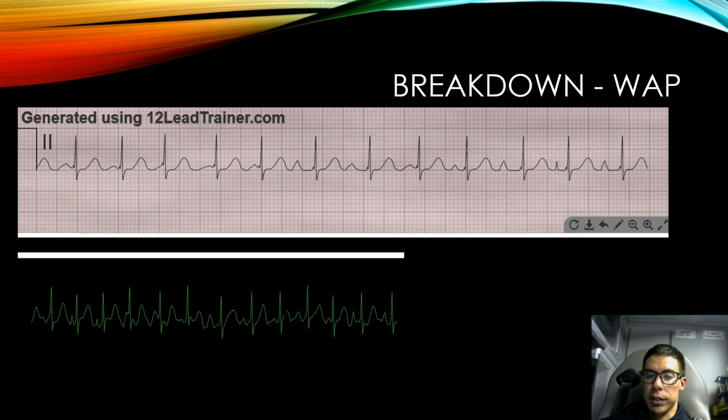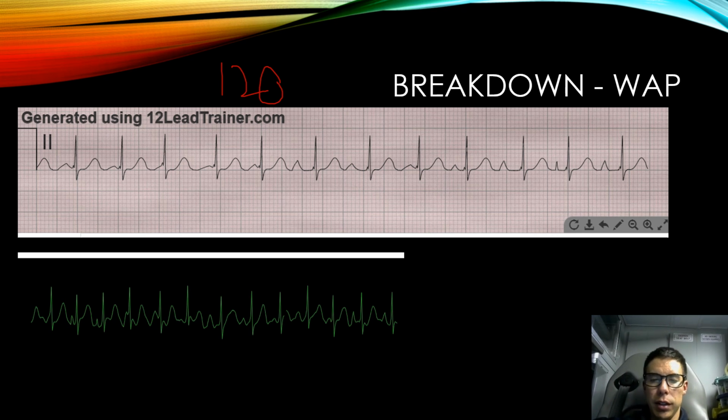This is a 6-second strip though, so let's count our heart rate. We got 1, 2, 3, 4, 5, 6, 7, 8, 9, 10, 11, 12. So this person's heart rate is about 120 and irregular.